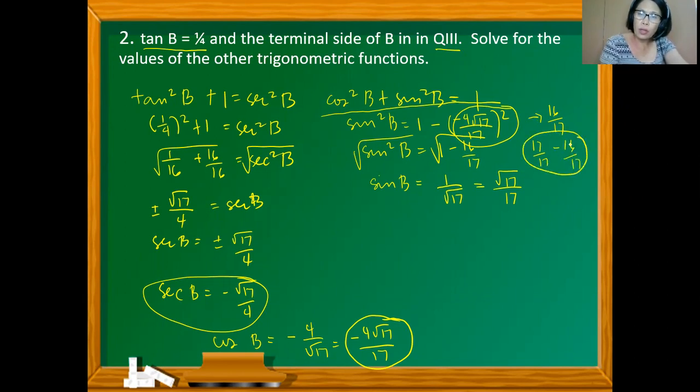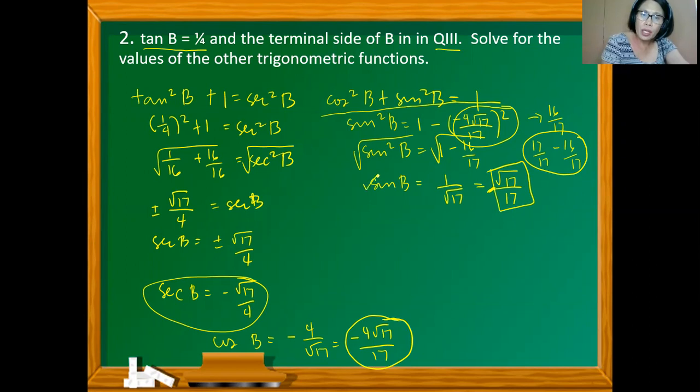So this is 1 all over 17. Extracting the square root will come up with 1 all over square root of 17. Rationalizing the denominator, we got sine B equals negative square root of 17 all over 17.